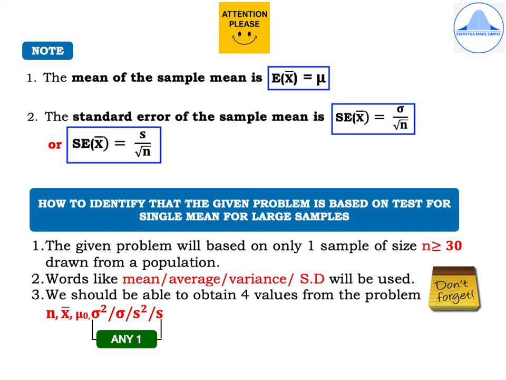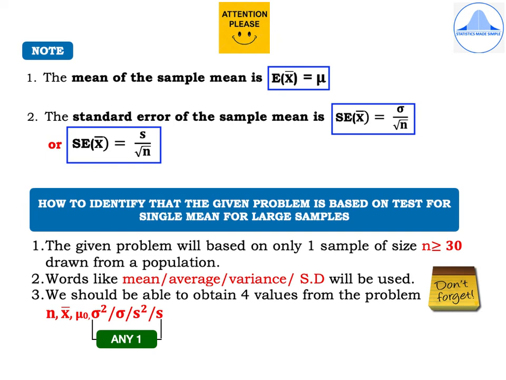Now the last part is how do you identify that the given problem is based on test for single mean for large samples. This is very important to understand because you'll be learning several tests and all the problems will look very similar. So I am giving certain hints which will help you to identify which test the problem belongs to.